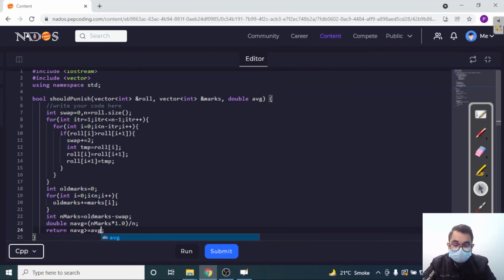If this is true, then I'm going to return true, else false. Well, instead of using this, I can just keep this condition only, because this is a logical operator and is already going to give true or false, but I have written the alternative so that it can be easily seen.